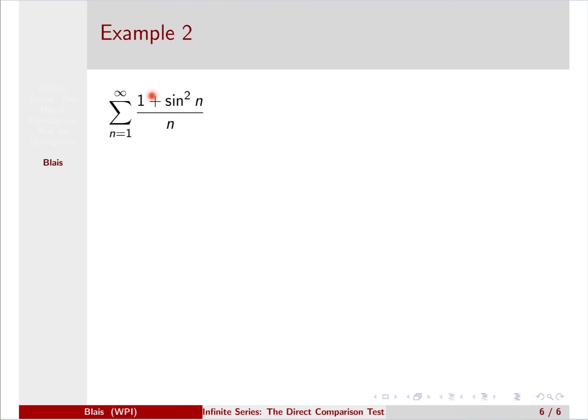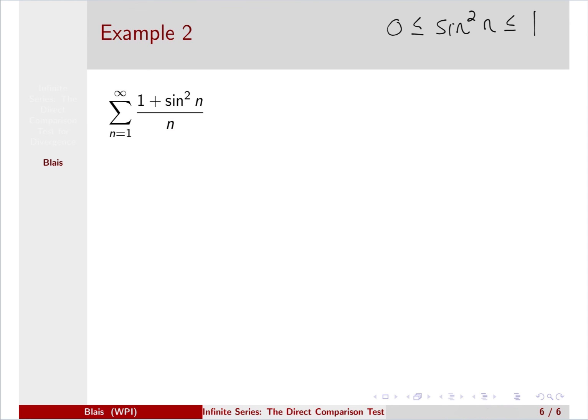So in the numerator we have a 1, but then we know we're adding this sine squared n term, and we know that sine squared n is just some term bouncing in between 0 and 1. So each term is 1 plus some change, but that change is never really adding up to anything. So this is going to behave a lot like the sum of 1 over n.